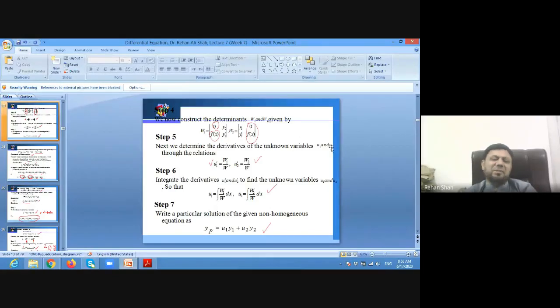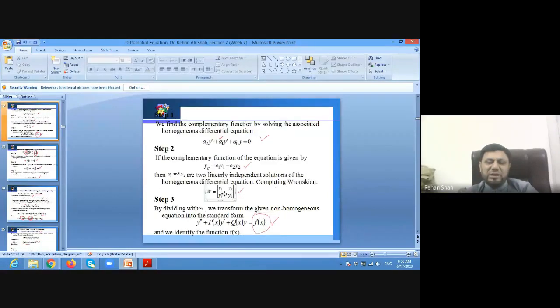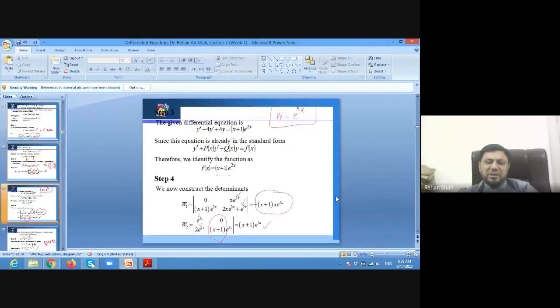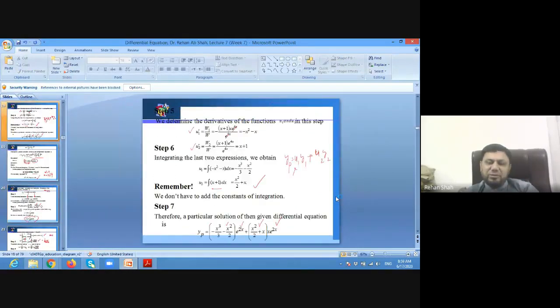So I think this is simple. Okay, sir. So these are three formulas. What is W? W is y1, y2, y1 dash, y2 dash, and this is W1, W2. So this is example 1. This is simple now.